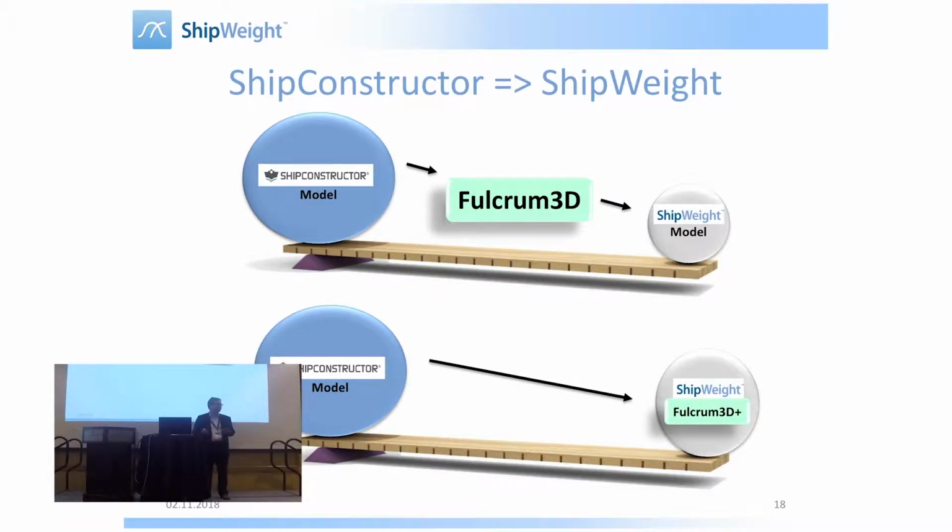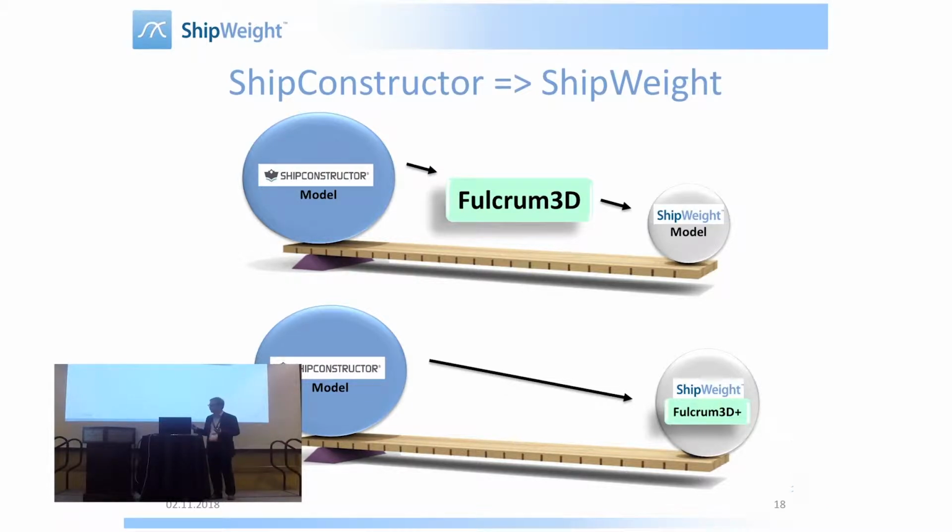And Fulcrum was developed to do a smart import of CAD data from the ShipConstructor model to the ShipWeight model database. And when I say smart, I mean that you can do more than simply import data like you do from Excel.